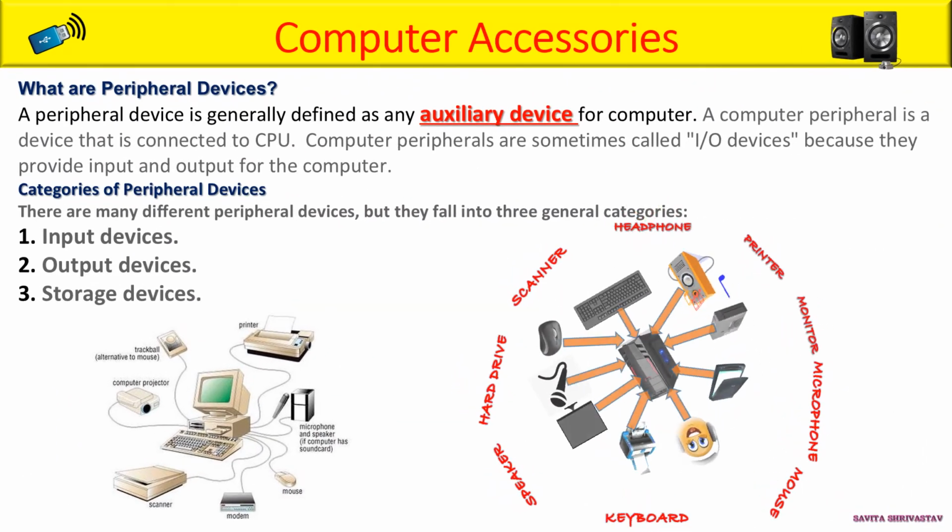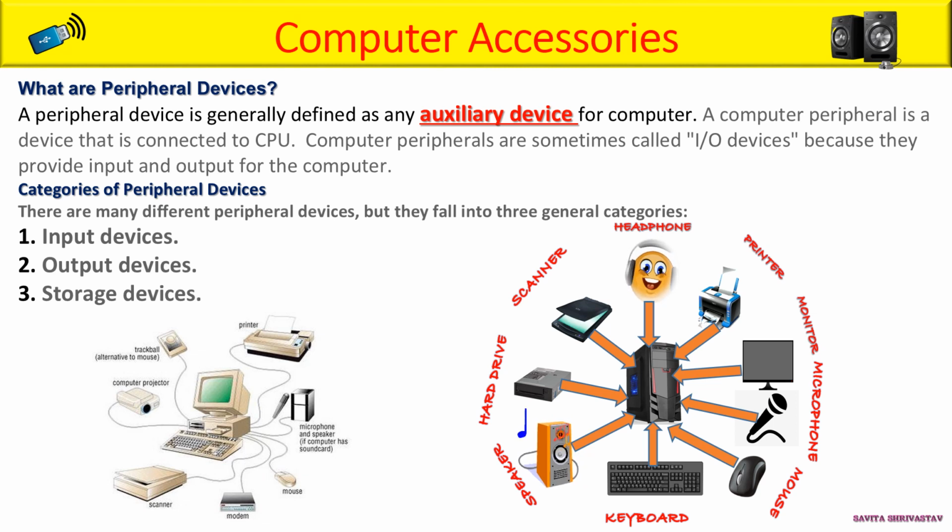Let us learn what peripheral devices are. A peripheral device is generally defined as any auxiliary device such as computer mouse, keyboard, monitor, printer, scanner, tape drive, microphone, speaker, webcams and digital camera. So these are examples of peripherals.